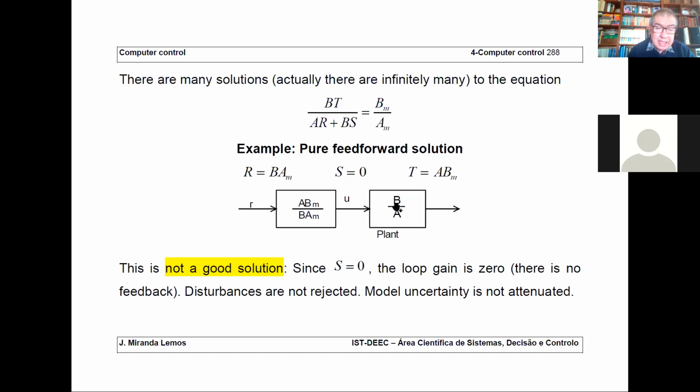Maybe you are thinking at this moment that the trouble comes because you will never be able to have a precise cancellation. But even if you have a precise cancellation, suppose that your B has a root outside the unit circle. You are placing a pole outside the unit circle, and this pole is unstable. You can say, but it cancels.